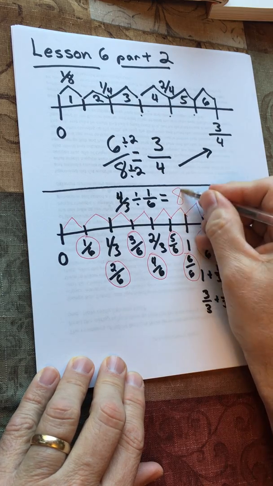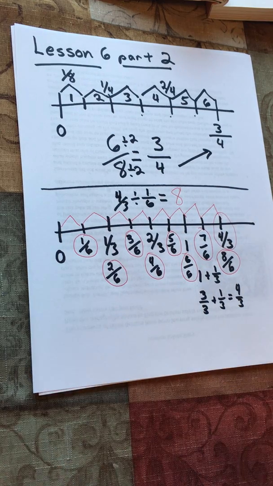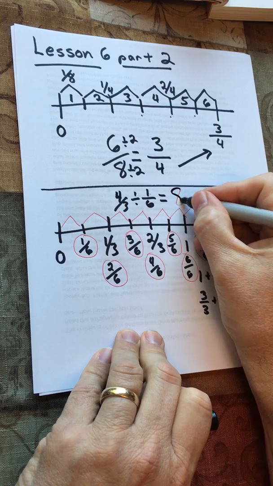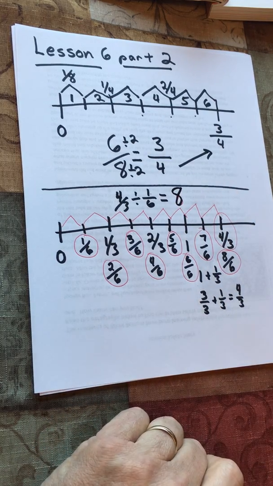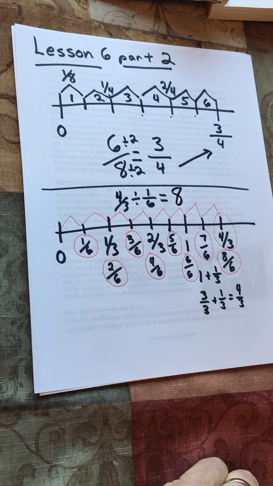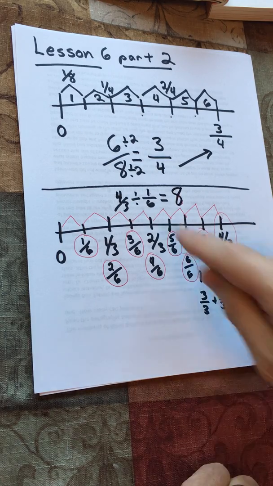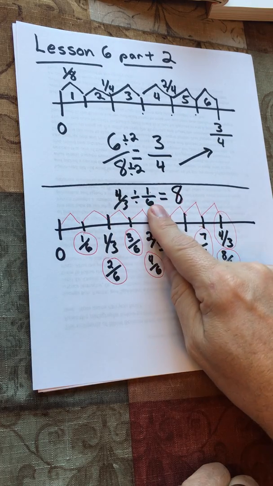I get 8 of them. 8/6, or 8 of those 1/6 things. So he's going to get 8 of those. All right. So that's how you do using a number line to find out a fraction divided by a fraction.